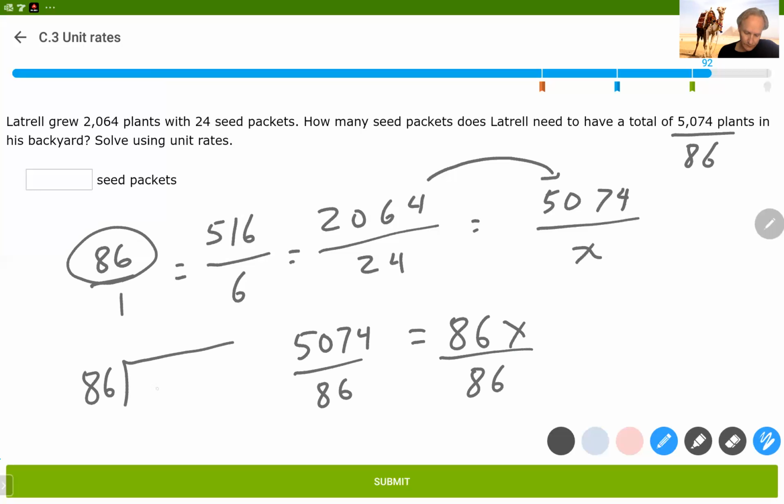86 into 5074. And 86 goes in here, maybe 6 times. Let's see. 6 is 516, so it's going to go 5 times. 5 times 86 is 430. That is going to be 6.